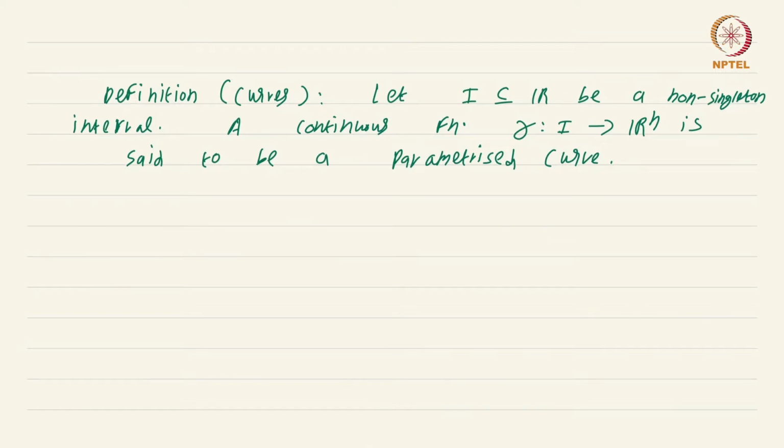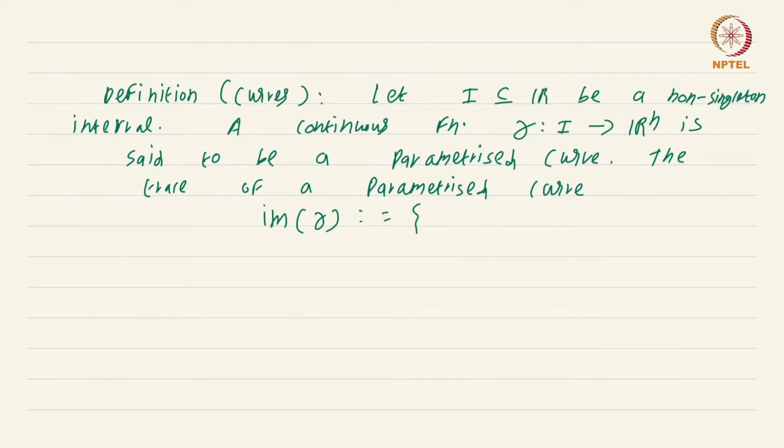You will understand in a moment why we are distinguishing curves with this special word parametrized. The trace of a parametrized curve is usually denoted image of gamma. This is nothing but, by definition, the set of points gamma of t as t runs through I.